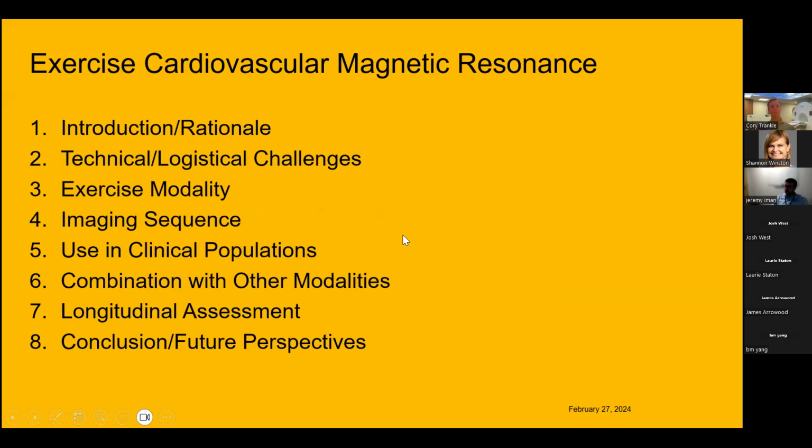I'm going to give a little bit of an introduction and why we would even want to do exercise CMR, some of the challenges, and then considerations of what types of exercise modalities we can strive for in the MRI environment, the imaging sequences that can be or have been deployed following exercise, how it's been used in certain clinical populations, how it can be combined with other modalities, and then used for longitudinal assessment before and after some important time point. And then finally, just wrapping up with some future directions for the field.